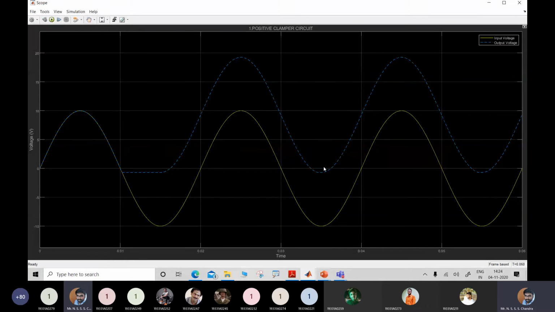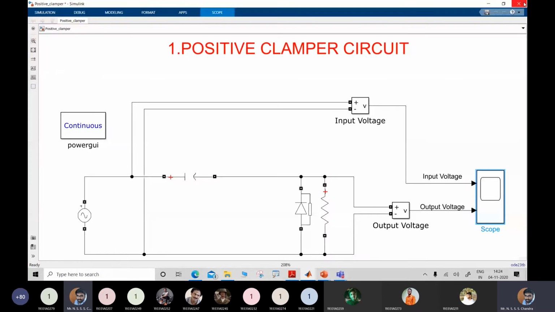So this is minus 0.7. Okay, this is at minus 0.7 volts. So in the ideal diode we are observing that the negative peak is at 0 volts, but in the practical diode case we are getting it as minus 0.7 volts. Okay, and then we'll see the second circuit.